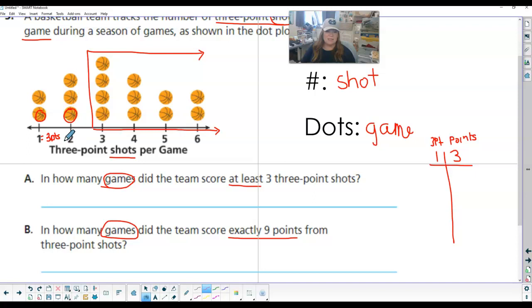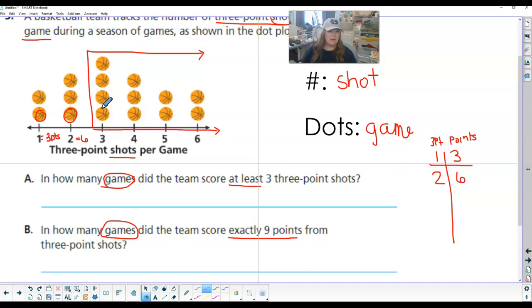Okay, so let's look at this game here. In this game, they scored 2 shots. So the first one was worth 3, the second one was worth 3. 2 times 3 is 6. So in this game they scored 6, in this game they scored 6. The game was not worth 9. That game was only 6 points. So let's try out the next one here.